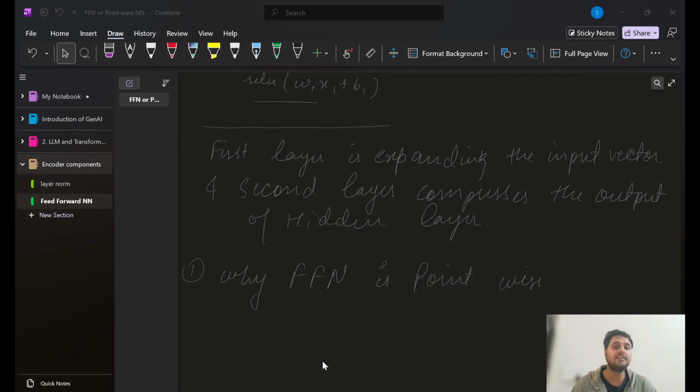Attention mixes token information. The feed forward network transforms each token individually after the attention. So this separation helps the transformer learn both the relationship between tokens, through attention, and the meaning inside each token, which can be done using the feed forward network.